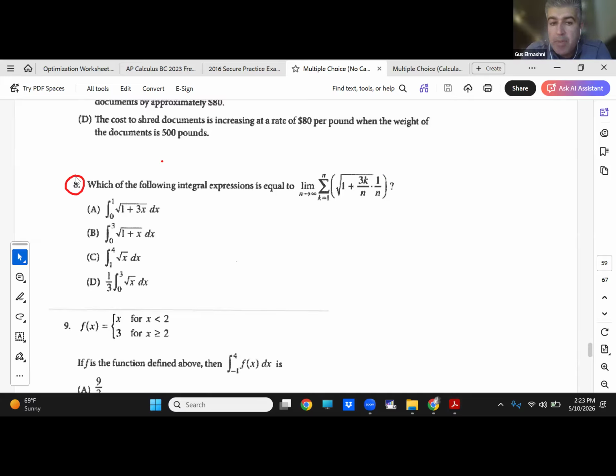Let me show you what's going on with this one, and then I'm going to have you try one on your own. So here's what's happening. When you have a Riemann sum, this is going to be your general equation. It's a square root function. But usually what you're going to do is start with the initial value.